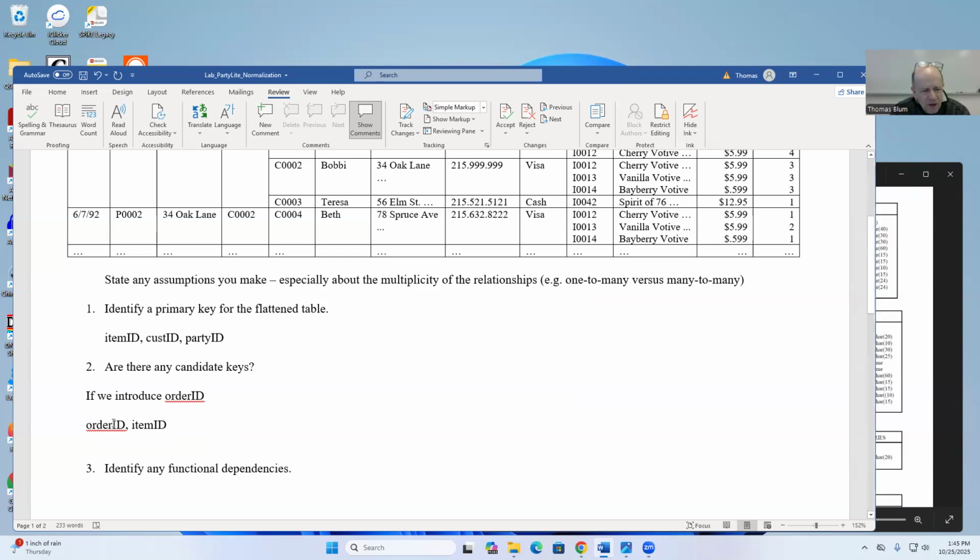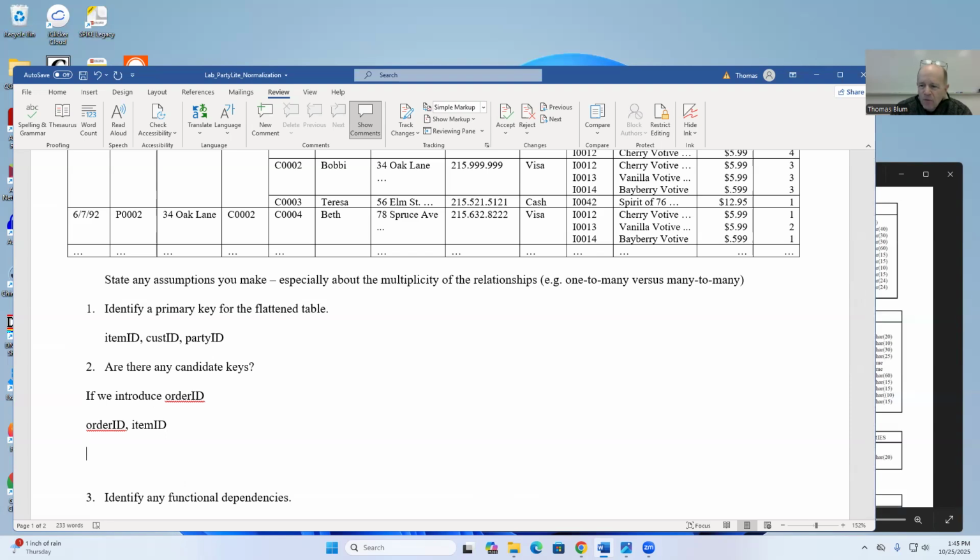A party may have many orders, but an order comes from one party. So if we introduce an order ID, then we just might need two composite fields to make up our primary key. So that's one possibility for a candidate key.